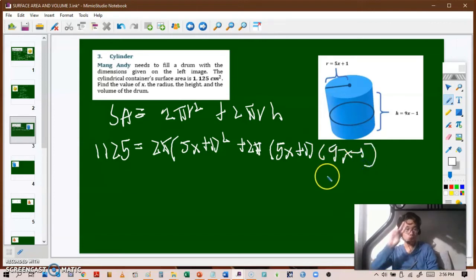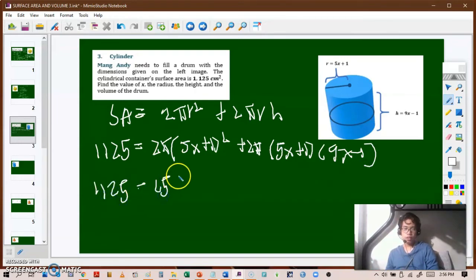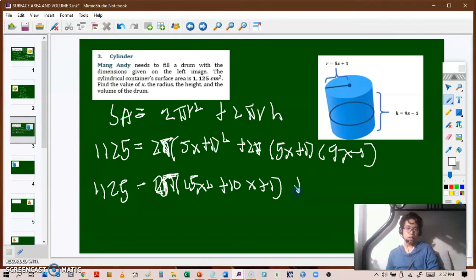So we're going to have here two quadratic equations. That's going to be 1,125 is equal to 2 pi times 25x squared plus 10x plus 1, and then plus, we have to multiply 5x plus 1 and 9x minus 1.